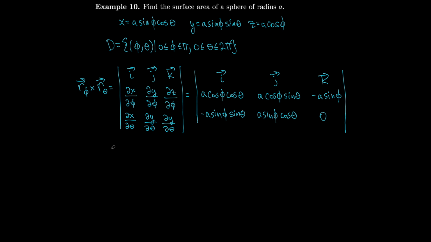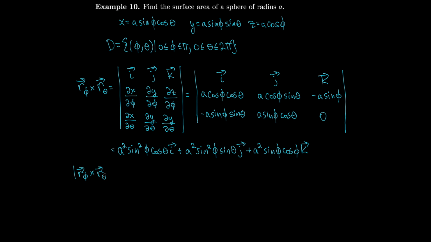So then this works out to a squared sine squared phi, cosine theta for i, we take our determinant, plus, because minus minus plus, a squared sine squared phi, sine theta for j, plus a squared sine phi, cosine phi for k. And now we need to take the length of this thing, because that's how we get our surface area.